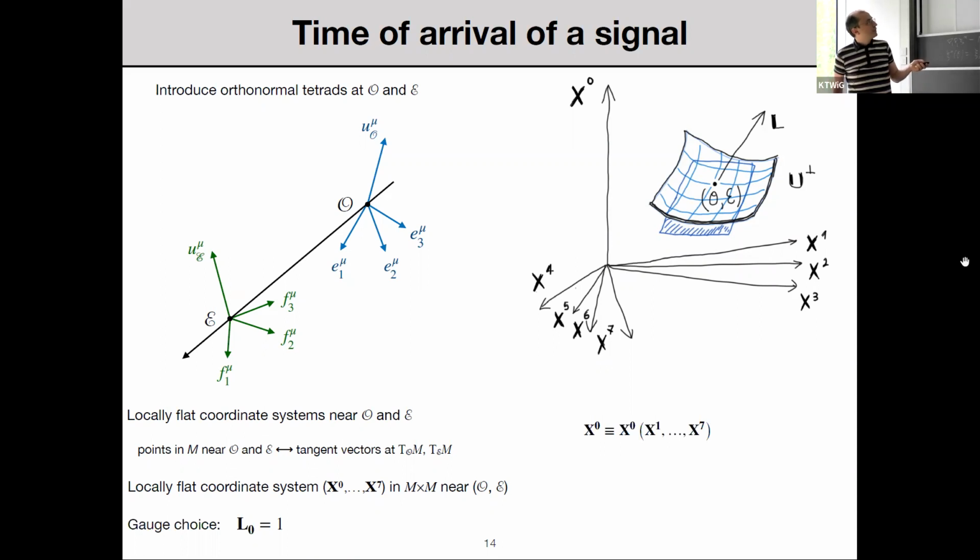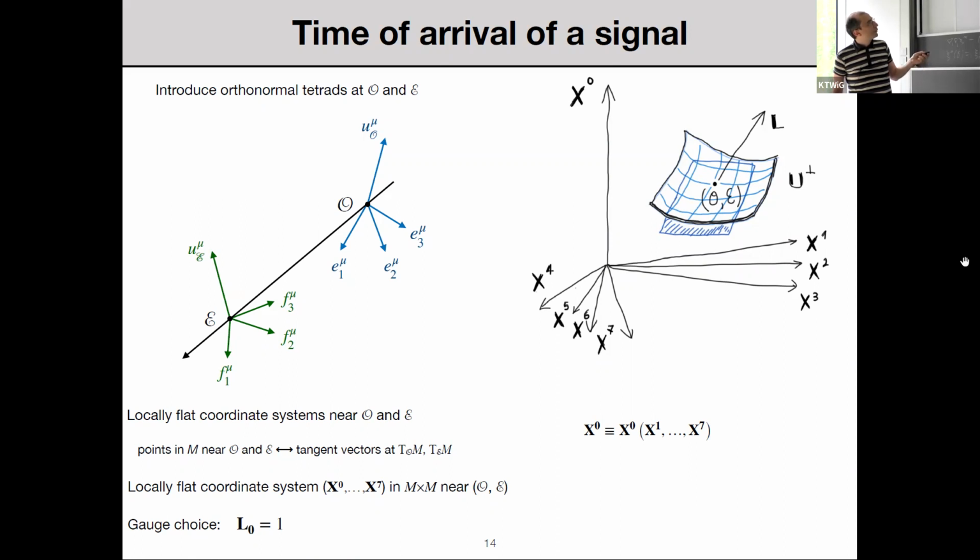And now what I want to do is to calculate x0 with respect to other things, which is basically the time the clock reads when it obtains a signal from a point located at x1.